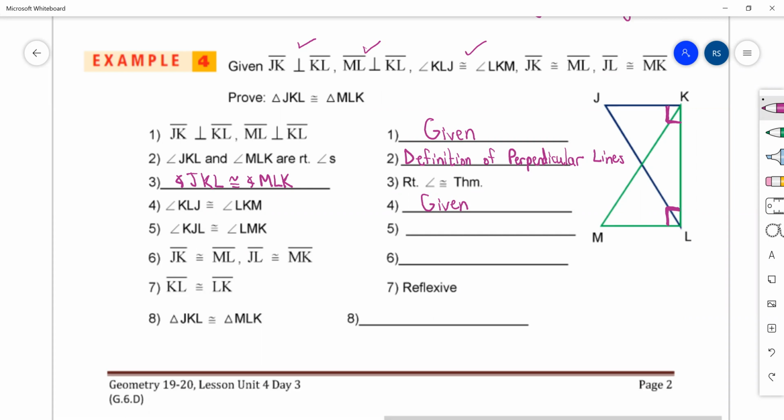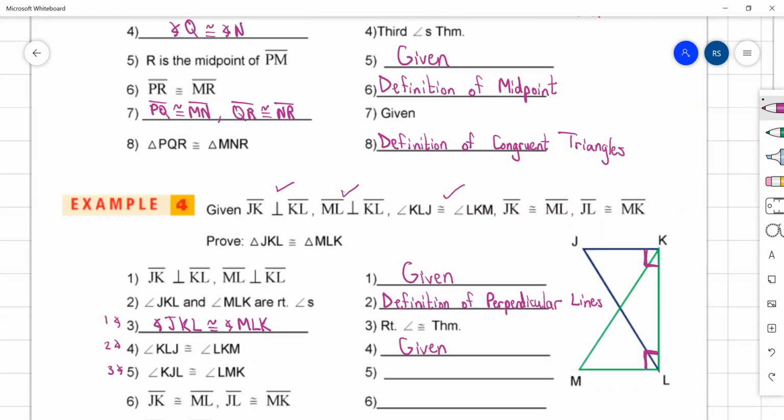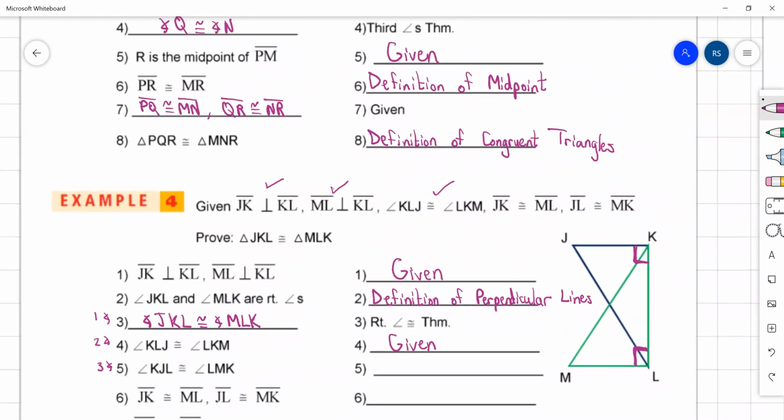Well, let's see. I've talked about one angle. Talked about 2 angles. This is the 3rd angle that I've talked about. So what theorem should this be? This is the 3rd angles theorem.